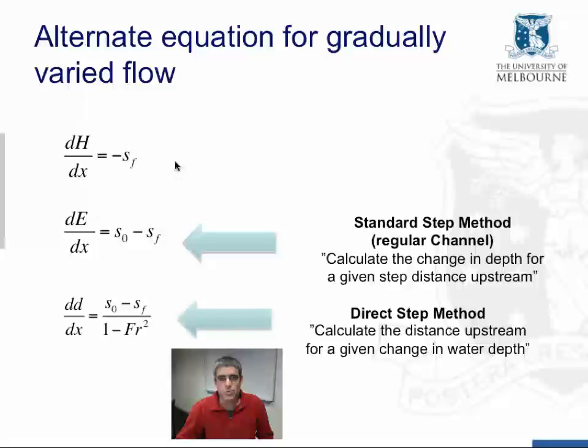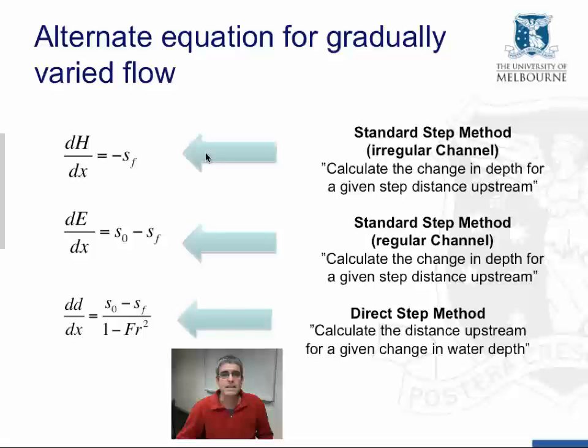We use the first one with the standard step method, where we calculate change in depth for a fixed distance upstream, where we have an irregular or natural channel. It's this equation that's embedded in HEC-RAS, the standard tool used for modeling water surface profiles in natural channels. So I'm going to go through those three methods: the direct step method for regular channels, the standard step method for regular channels, and then the standard step method for irregular channels.